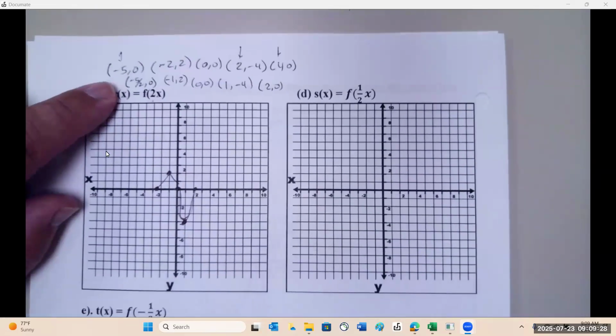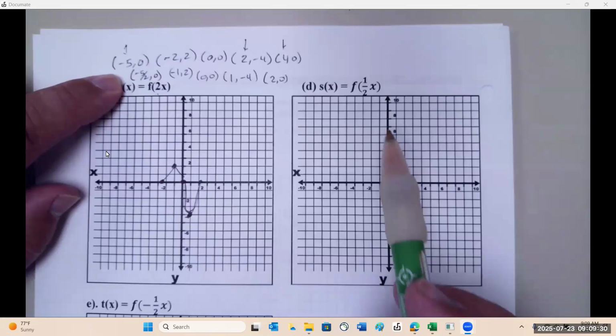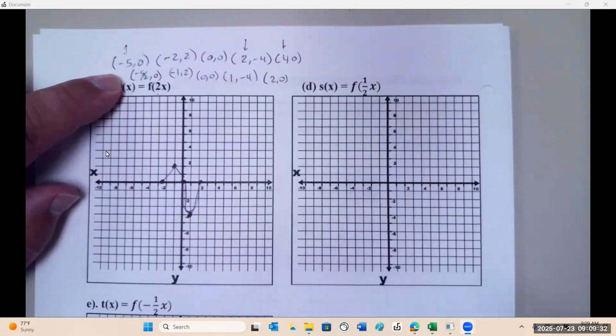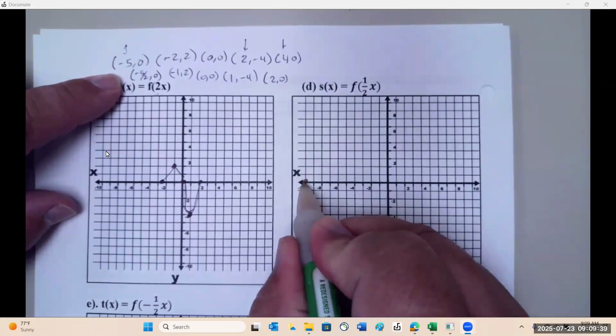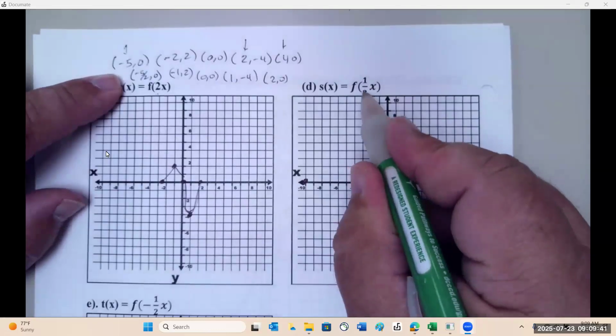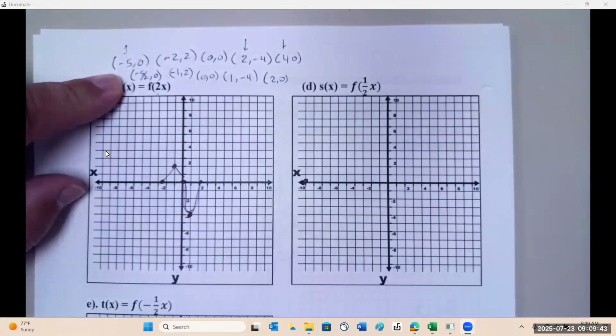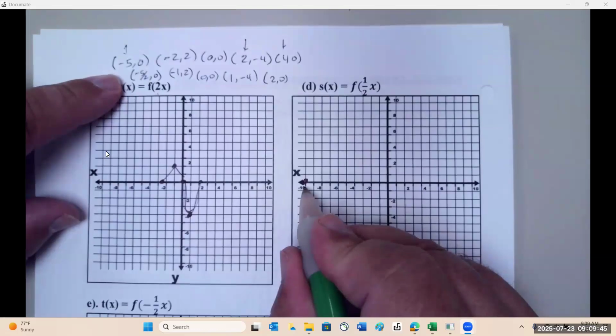So my first X value is -5. What does it become now? It becomes -10, because this is 1/2, so I multiply by 2. So it's -10, 0.